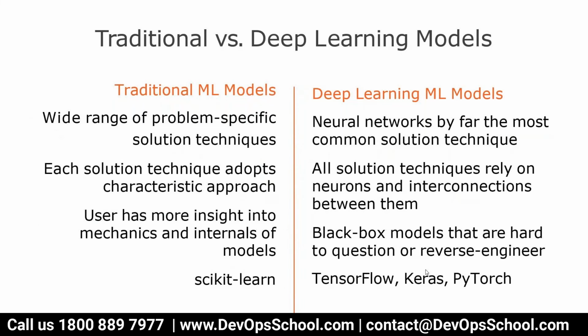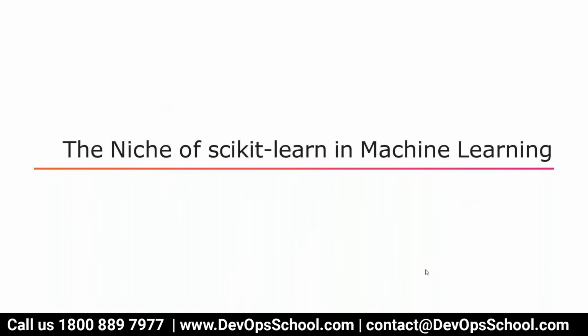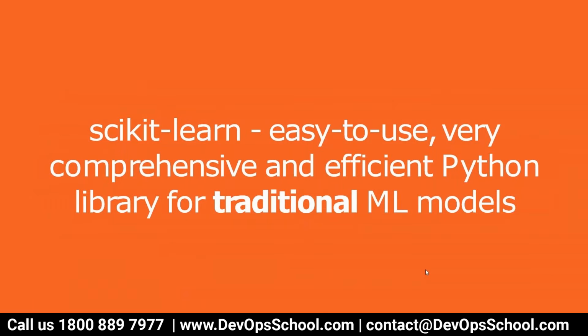But Keras, PyTorch, and others are deep learning ML frameworks. Now the question is the niche of Scikit-Learn in machine learning. Scikit-Learn is an easy to use, very comprehensive and efficient Python library for traditional ML models.